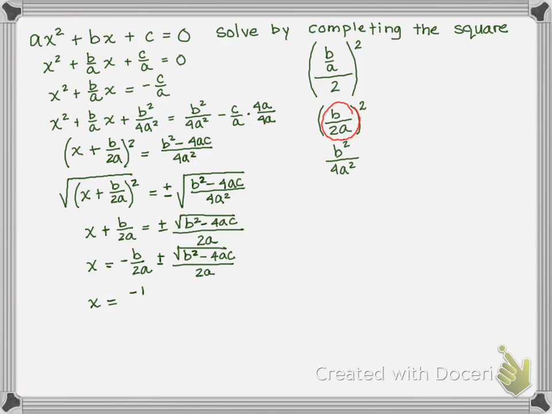And we get negative b plus or minus the square root of b squared minus 4ac all over the common denominator of 2a. This is what we call the quadratic formula. You need to memorize it.